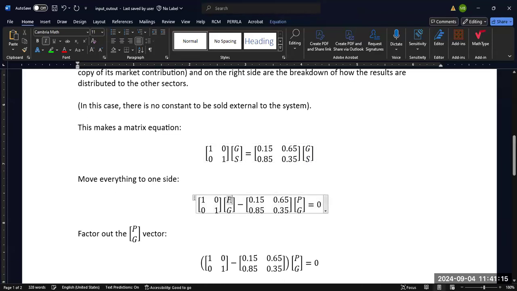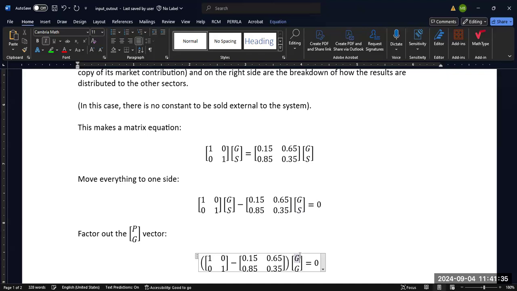Now, if we then move everything to one side of the equation, we can then do matrix arithmetic and combine our matrices together by subtracting, in this case, corresponding components.